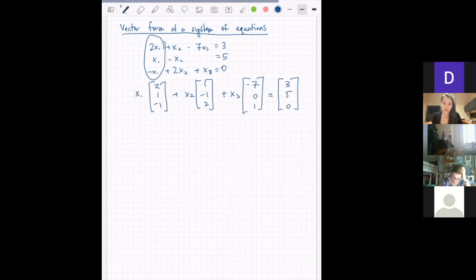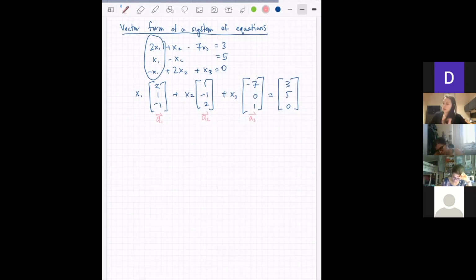Okay. So here, this is basically writing this as a linear combination on the left-hand side, where our weights are just the variables, right? Okay, so we could label these vectors. I'll just write the labels underneath. So A1, A2, and A3.